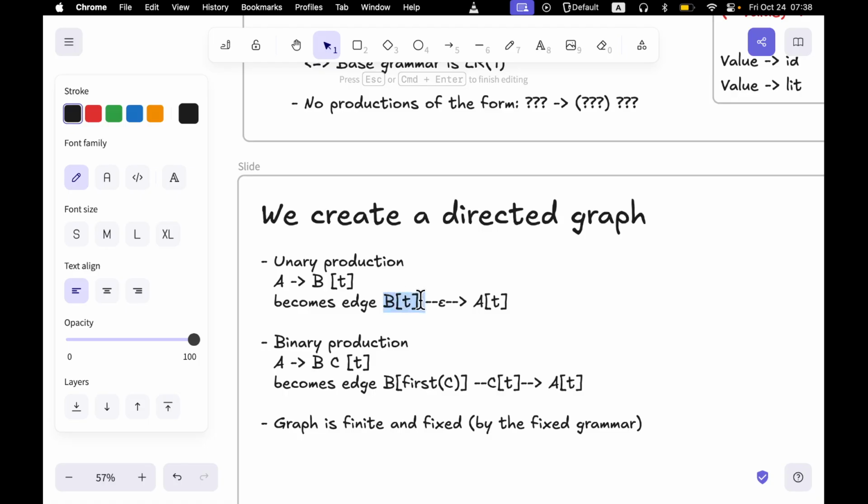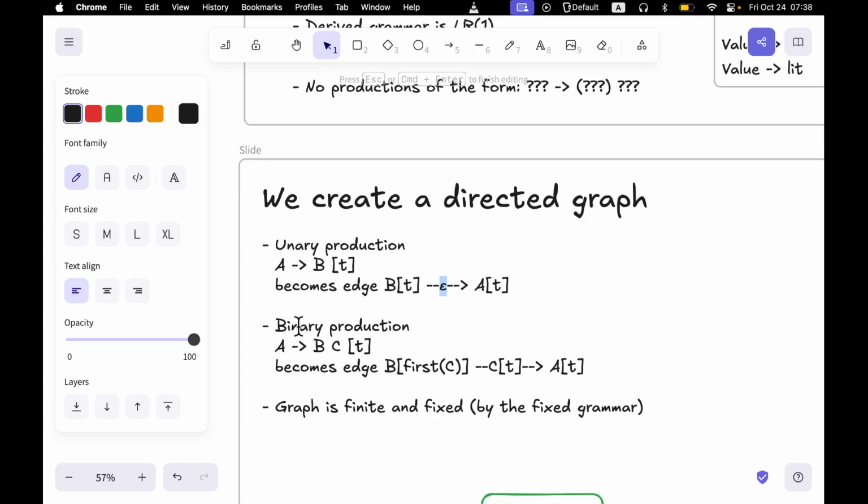Anyway, B with the lookahead of T can be reduced into A with the lookahead of T spontaneously without any help from any other states. And let's look at the binary production. A produces B C with the lookahead of T becomes this kind of edge. So B with the lookahead of any character that can be the first symbol of C, the first terminal symbol of C.